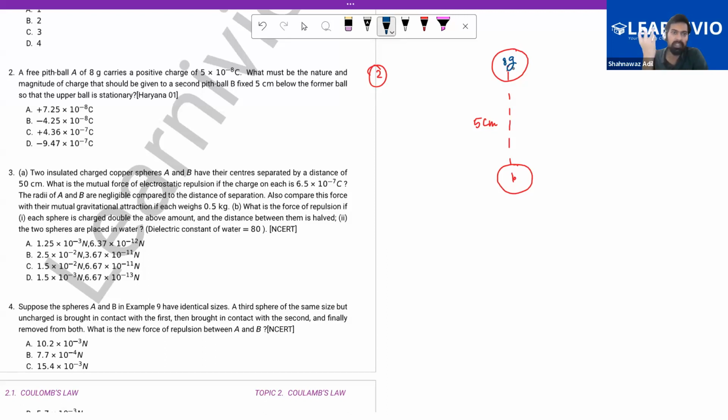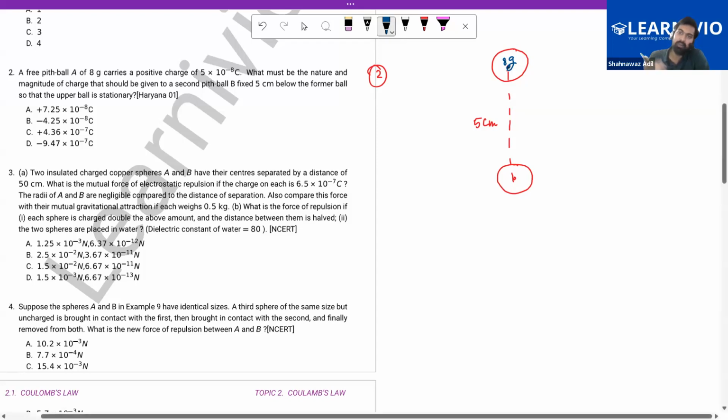If an apple is in the air, then what is the force acting on that apple? Gravity, right? So this thing will tend to go down. That is the nature of this thing. So one force is mg, right?